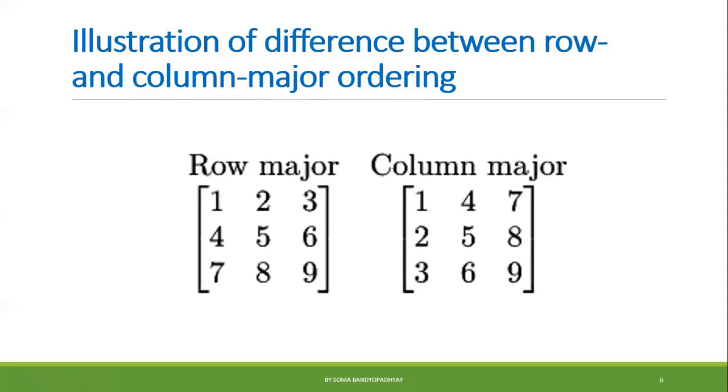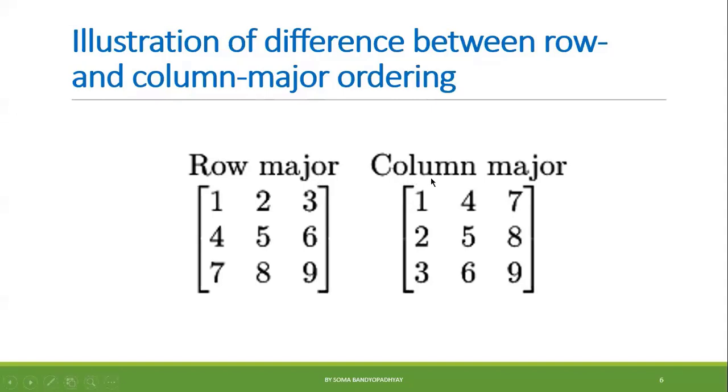Since computer memory is basically one-dimensional, a multi-dimensional array cannot be stored in memory as a grid. There are two ways of storing a two-dimensional array in memory. The first one is the row major order and the second one is the column major order.